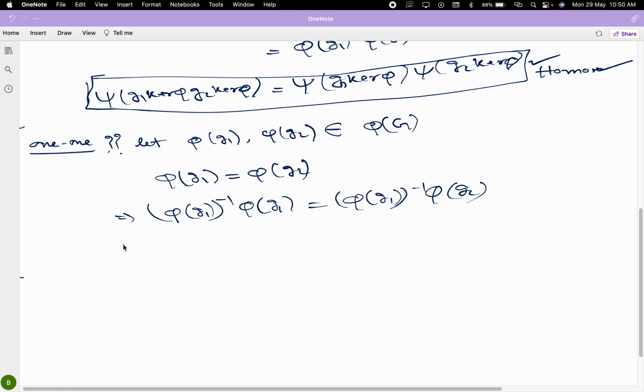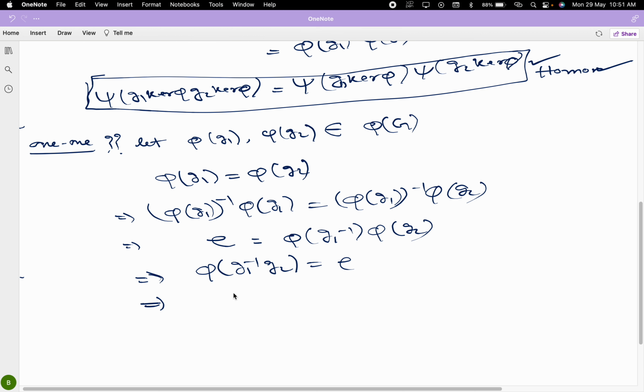This gives the identity, because an element operated with its inverse gives the identity, and the right side is phi of g1 inverse phi of g2. Since phi is a homomorphism, we can write phi of g1 inverse g2 equals identity. That means that g1 inverse g2 is a member of kernel phi.